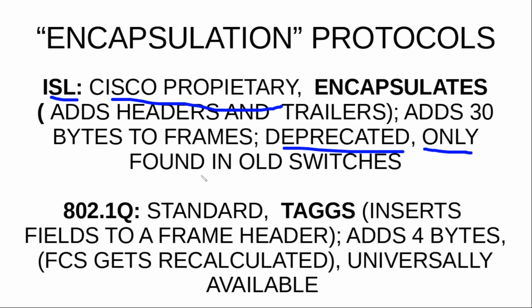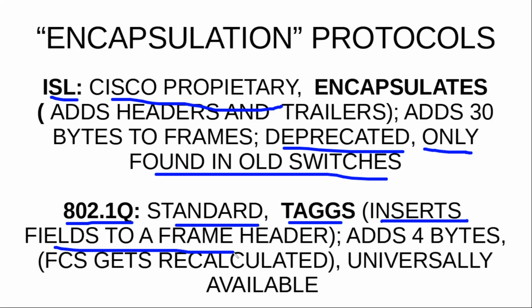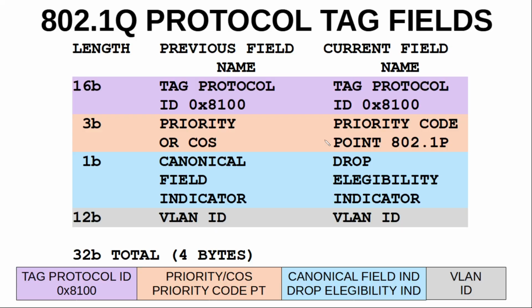It is only found in old switches, and we rather use nowadays 802.1Q, which is a standard. It doesn't encapsulate, but rather tags frames, inserting fields into the Ethernet frame header. It adds 4 bytes to the header. It is universally available.